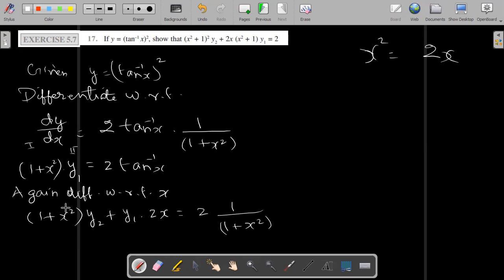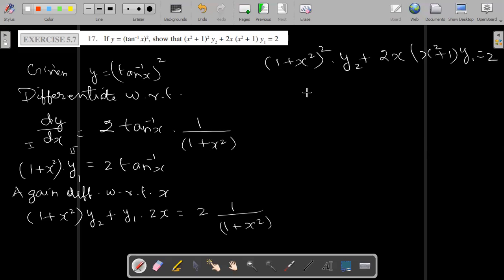So 1 plus x square, when you bring it to the left side, it will multiply with 1 plus x square, so it will become (1 plus x square) whole square into y2 plus 2x into (x square plus 1) into y1 is equal to 2. That means we got (x square plus 1) whole square y2 plus 2x (x square plus 1) y1 is equal to 2.